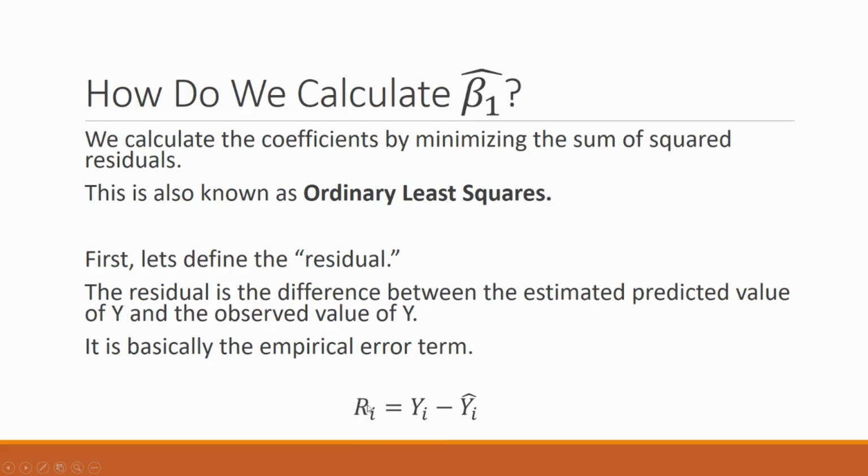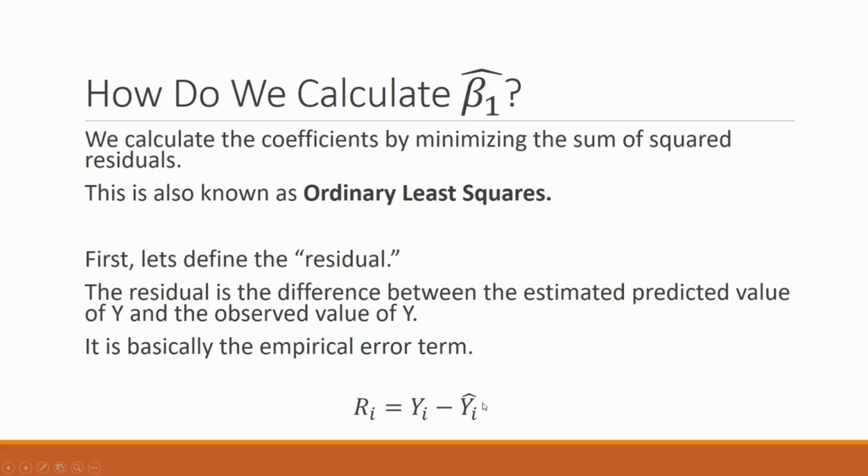Each individual person has a residual, and the residual is the difference between that individual's particular value for the dependent variable, minus that individual's predicted dependent variable value that would come from an estimation of the regression model. That's where this y i hat comes from. The difference between them is the residual.